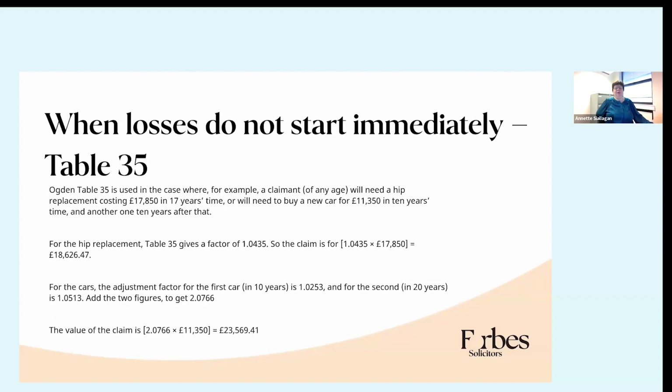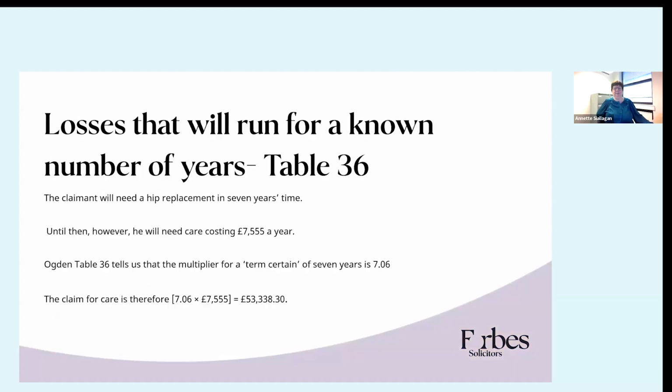I've also put in a table 35 calculation for when someone needs a hip replacement in 17 years, or someone who needs to buy a car in 10 years and then another 10 years after that. So those are the type of examples where you would use table 35 to come out at your calculation.